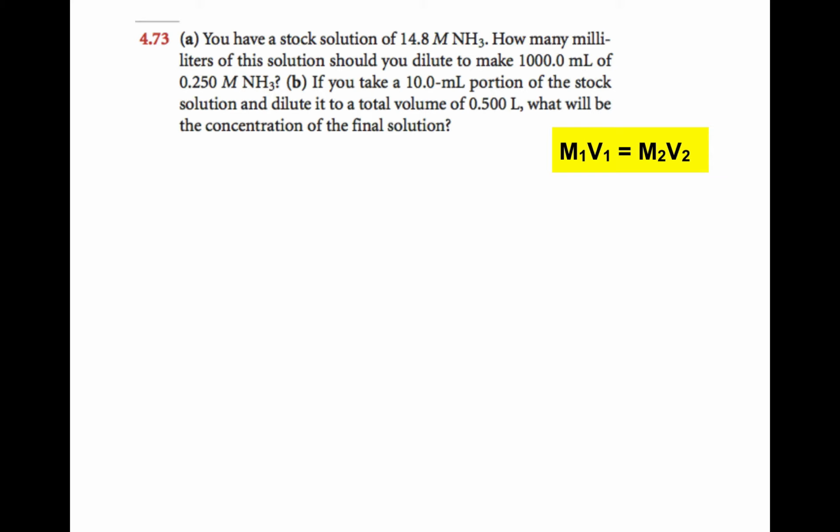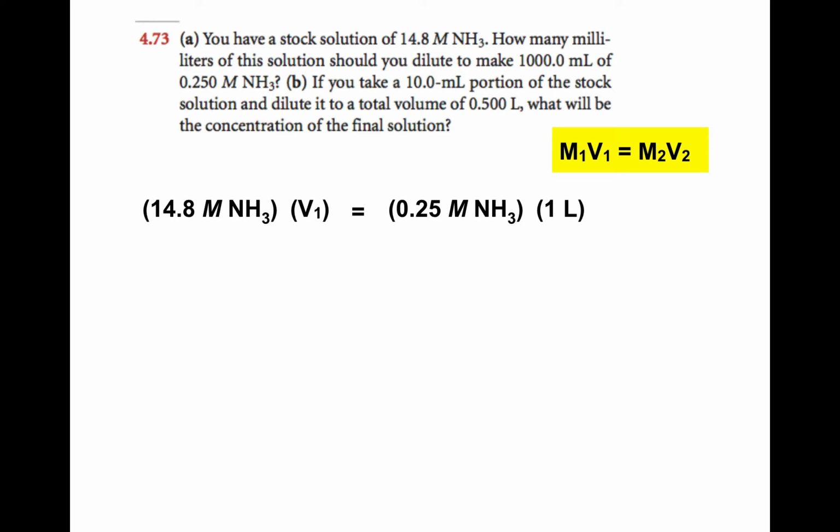My initial concentration times my initial volume is equal to my final concentration times my final volume. So I plug in what my final concentration is going to be, 0.25 molar. My final volume is going to be 1,000 milliliters, which is 1 liter. So it's got to be in liters, right, if you're using moles per liter. And my initial concentration is 14.8, so that's concentrated.